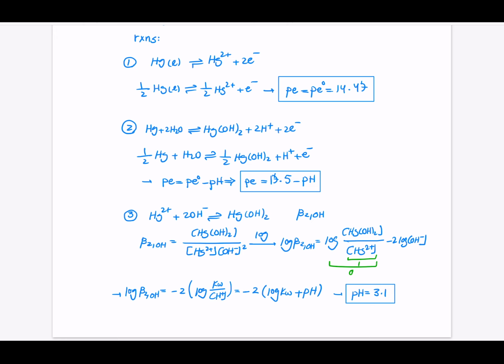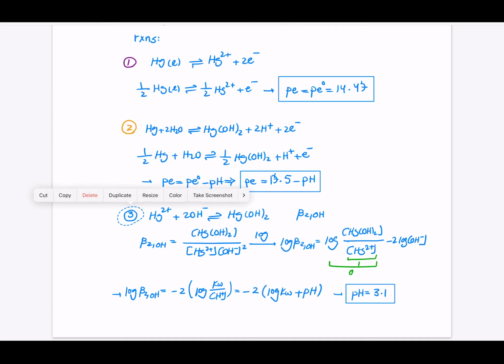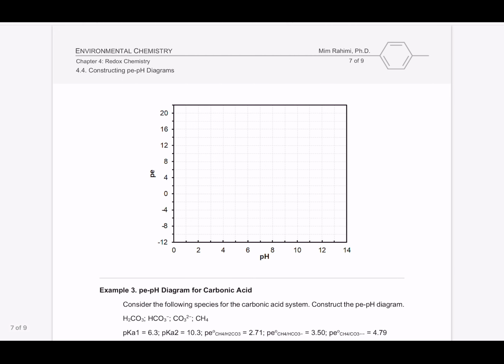Okay, let's color code them so it would be easier for drawing. So line 2 would be... so now the first line, what kind of line is it?